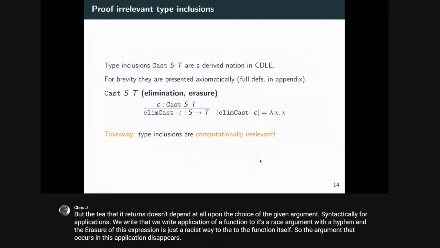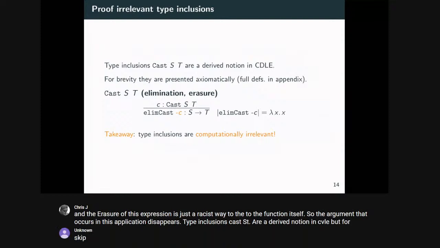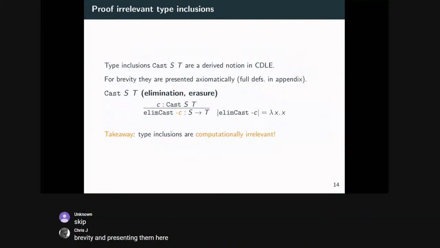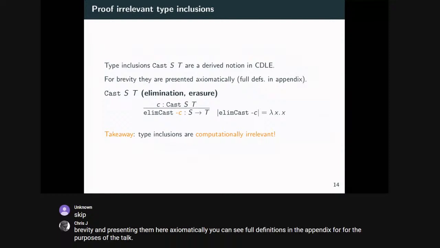Type inclusions, cast S T, are a derived notion in CDLE, but for brevity, I'm presenting them here axiomatically. You can see full definitions in the appendix. For the purposes of the talk, I just want to focus on these two properties: the derived elimination form and its erasure.